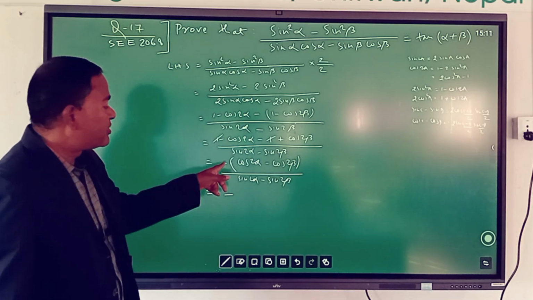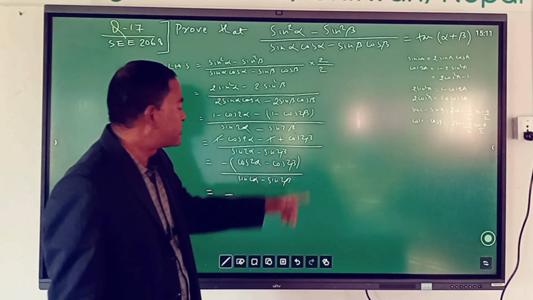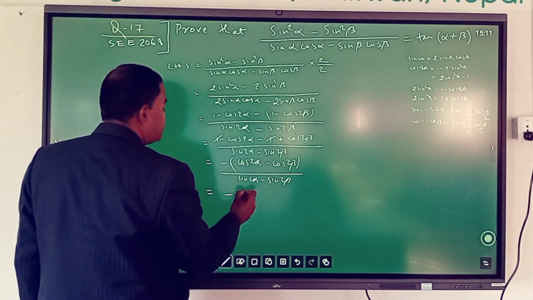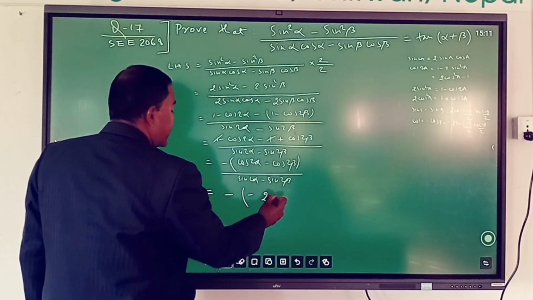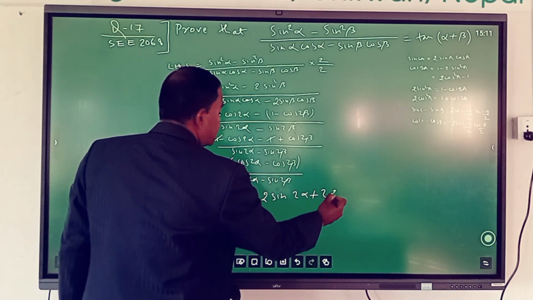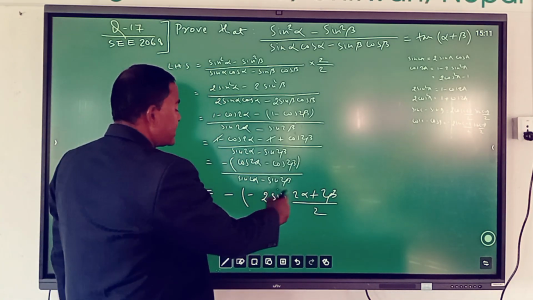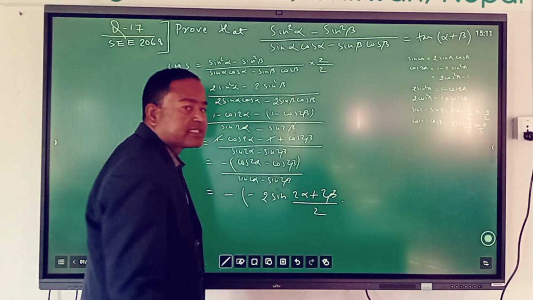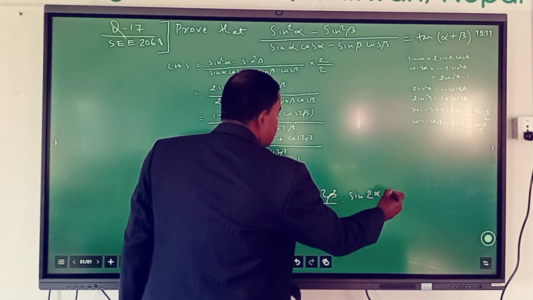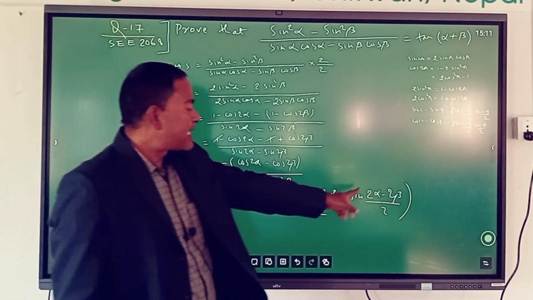Dear students, let's keep minus sign as it is and let's apply the formula of cos C minus cos D. Cos C minus cos D means minus 2 sin (C plus D) by 2, that means (2 alpha plus 2 beta) by 2, times sin (C minus D) by 2.